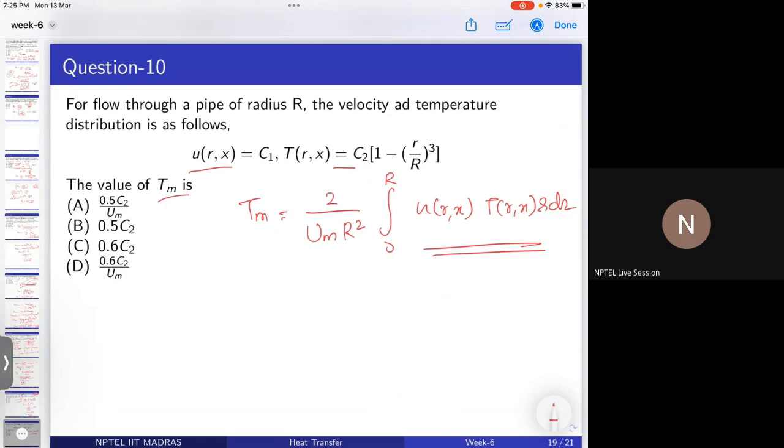So we should take an average, meaning everything we measure is an average quantity. So this is the average temperature over any cross section of the pipe. Now it's just the mathematics part. You just substitute into this expression, integrate it, and give me the answer. So I will wait.